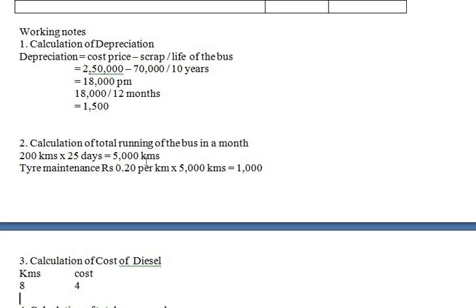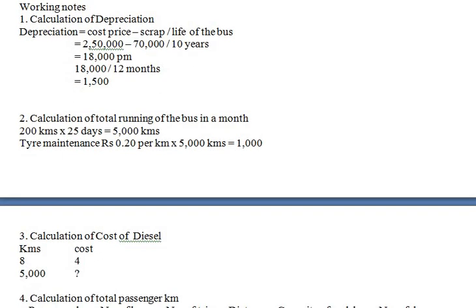Now total, the bus has run in a month for 5000 kilometers, which we have calculated in our second working note. So for 5000 kilometers, how much expenses will be incurred? 5000 into 4 divided by 8 kilometers, which will be equal to 2500.